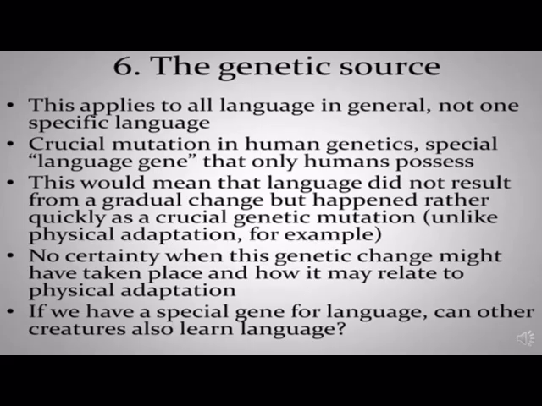The crucial mutation in human genetics is basically a genetic change that has a significant impact on an organism's development, survival, or evolution. This mutation can be beneficial, harmful, or neutral, depending on its effect on the organism's fitness and the environment in which it occurs.